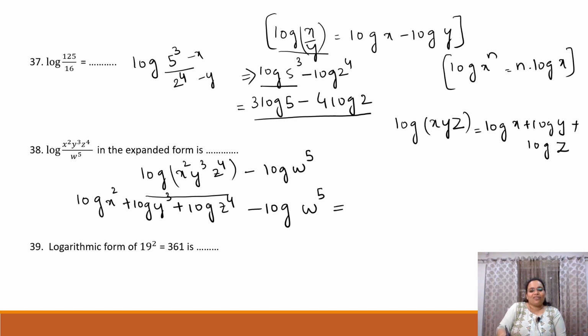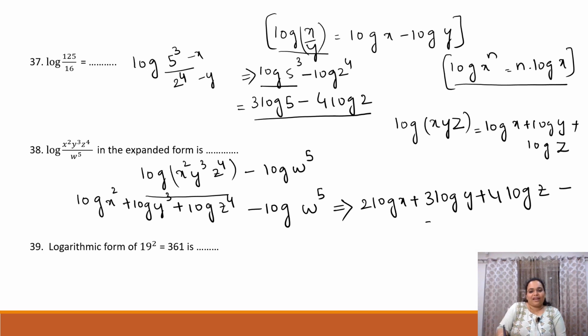Further, if we simplify, this is in the form log x power n, so 2 log x plus 3 log y plus 4 log z minus 5 log w. Clear? This is your expanded form.